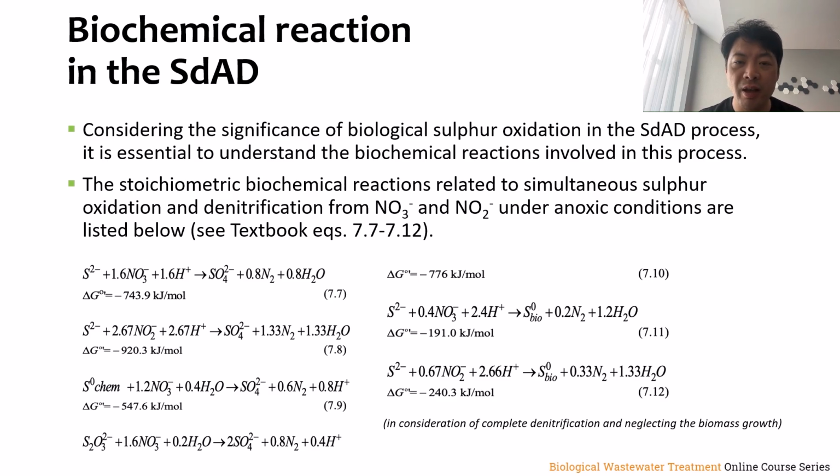This reaction is not merely of chemical interest, but is also highly energetically favorable for chemoautotrophs, providing essential energy for their metabolic activities. Using nitrogen oxides as the electron acceptor for sulfide oxidation is especially beneficial, as shown by the standard Gibbs free energy changes in equations 7.7 and 7.8 from the textbook.